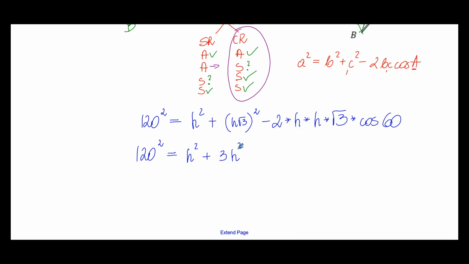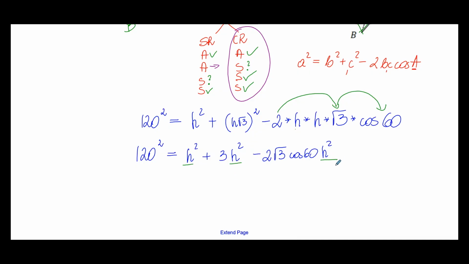And then I have h squared. And here, number multiplied by number, multiplied by number. But here, h multiplied by h will be h to the power of 2, isn't it? So I will have minus 2 square root of 3 multiplied by cos of 60, whatever that value is. And then I'm going to have h squared. So look at that. h squared, h squared, h squared.